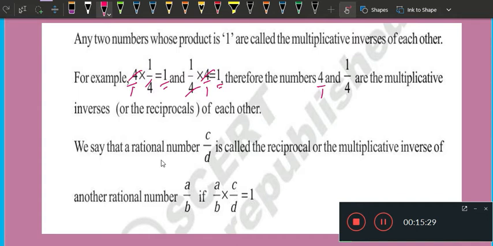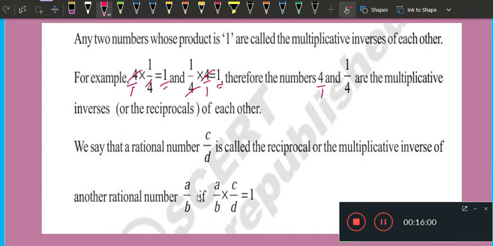We say that a rational number c by d is called a reciprocal or multiplicative inverse of another rational number a by b if a by b into c by d equals 1.